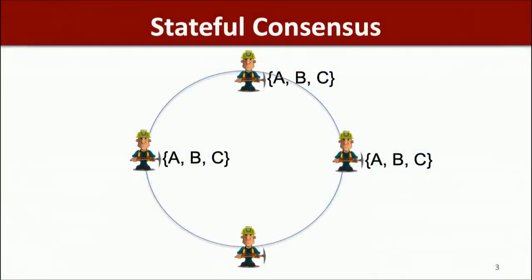If you think about consensus at a more abstract level, what we have here is something called stateful consensus. All of the miners or validators that participate in the consensus need to store the entire state because they want to be able to verify a state transition, say a new transaction.